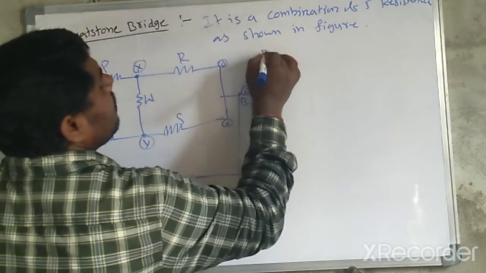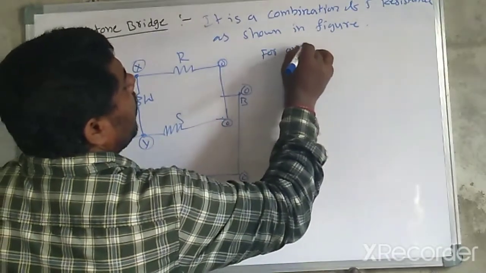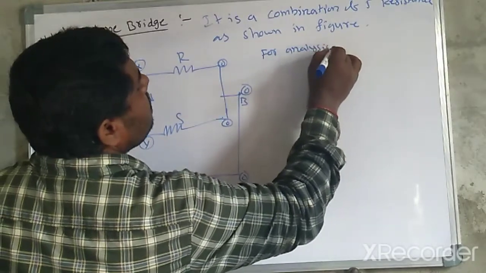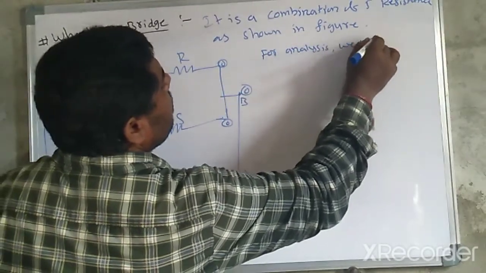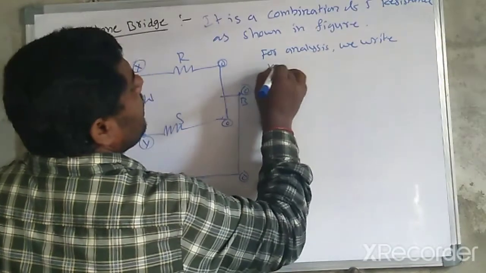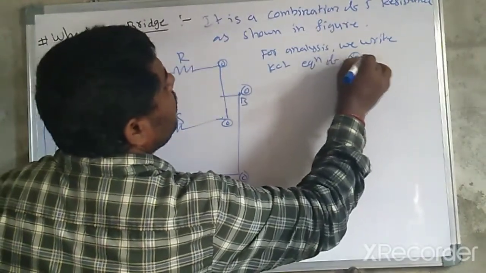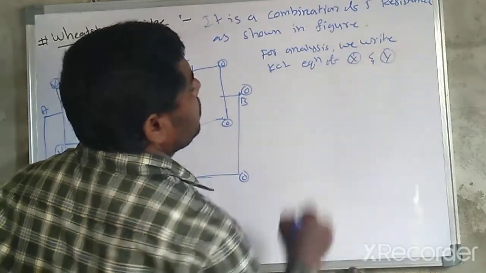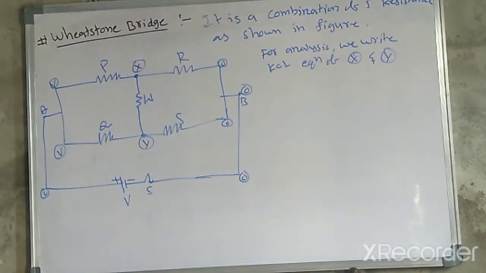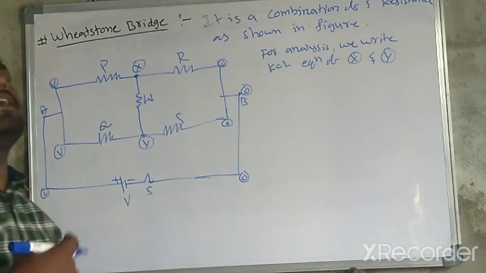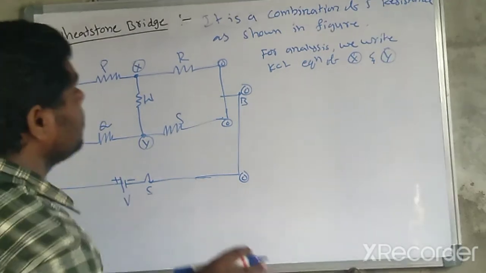For analysis we write the KCL equation of X potential and Y potential. First I am going to write for X. KCL is nothing but current entering the junction equals current leaving the junction.